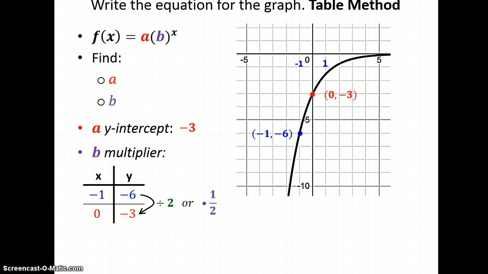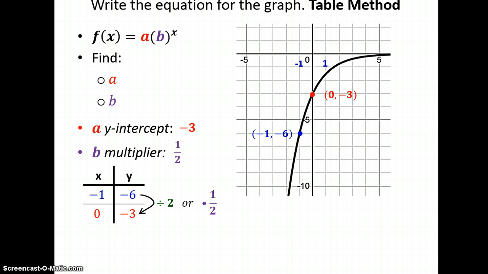But b is our multiplier, so what I really should be concerned with is multiplying. I know that dividing by 2 is the same as multiplying by the reciprocal of 2, which is 1/2. So I can also multiply -6 by 1/2 to give me -3. That means our multiplier is 1/2.